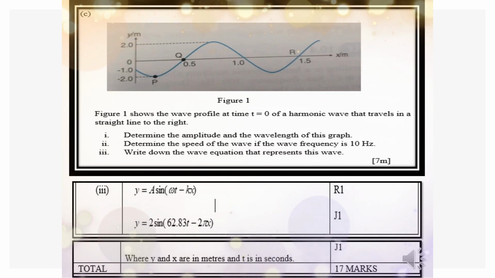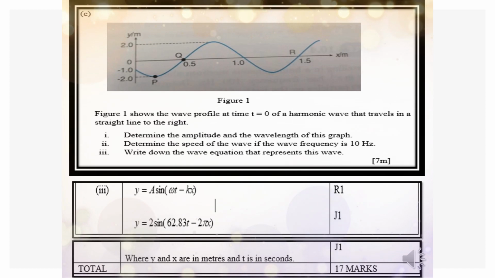Because from the question, we look at the first sentence, Figure 1 show the wave profile at times t equal to 0 of a harmonic wave that travel in a straight line to the right. Jadi maksudnya sekarang ini gelombang ataupun wave ini bergerak ke kanan. Jadi kalau dia bergerak ke kanan, jadi kita kena ambil negatif kx.